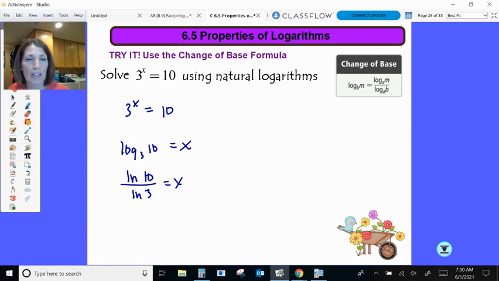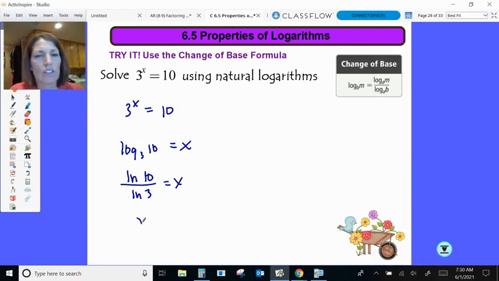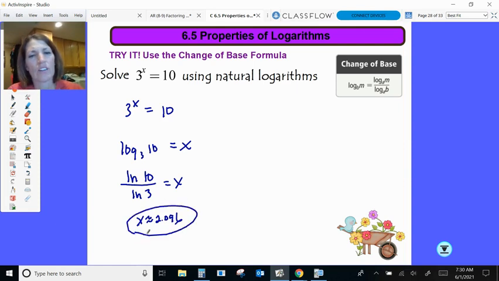So I just changed the base to natural log, base e instead of 10. And now natural log of 10 divided by natural log of 3, and we can do the same thing. 2.096. So about 2.096. Okay, so you can also change bases to natural logarithm as well.